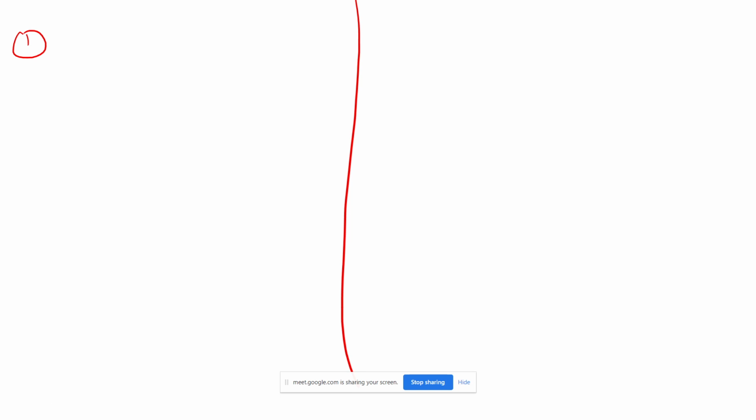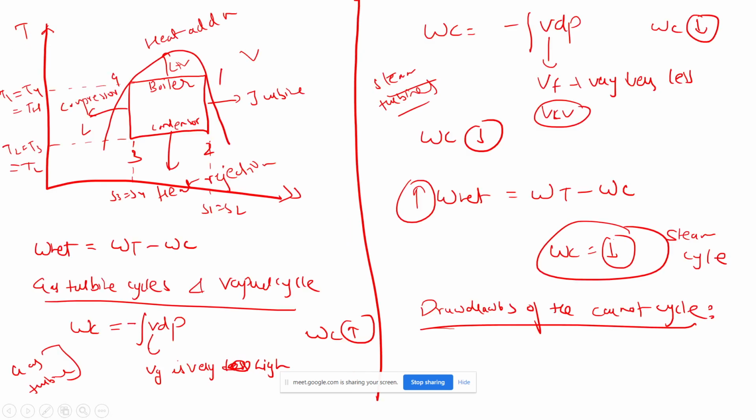So the first drawback is that in the turbine the saturated vapor, after expansion, converts into a mixture of liquid and vapor.